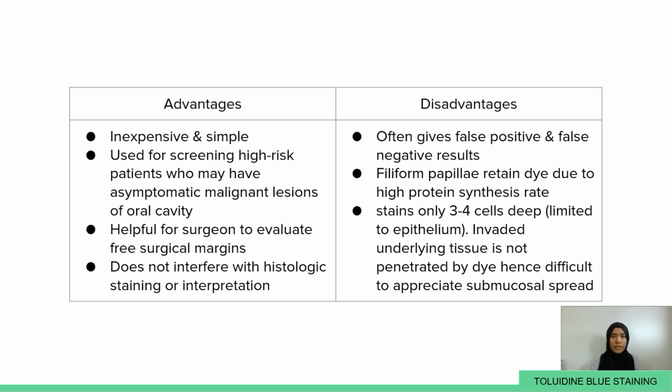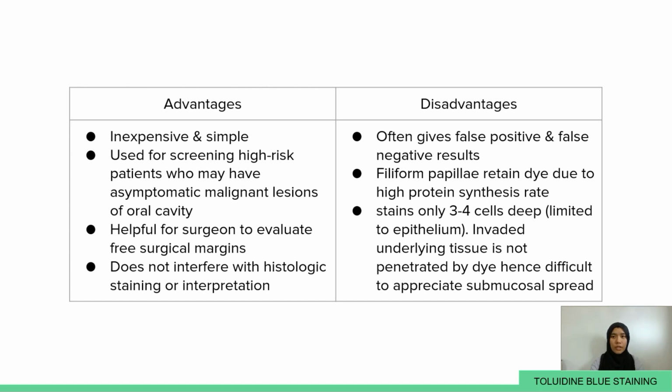The advantages of toluidine blue staining are that it is inexpensive and simple. It is used for screening high-risk patients who may have asymptomatic malignant lesions of the oral cavity. It is helpful for surgeons to evaluate free surgical margins, and it does not interfere with histologic staining or interpretation. The disadvantage of toluidine blue staining is that it often gives false positive and false negative results.